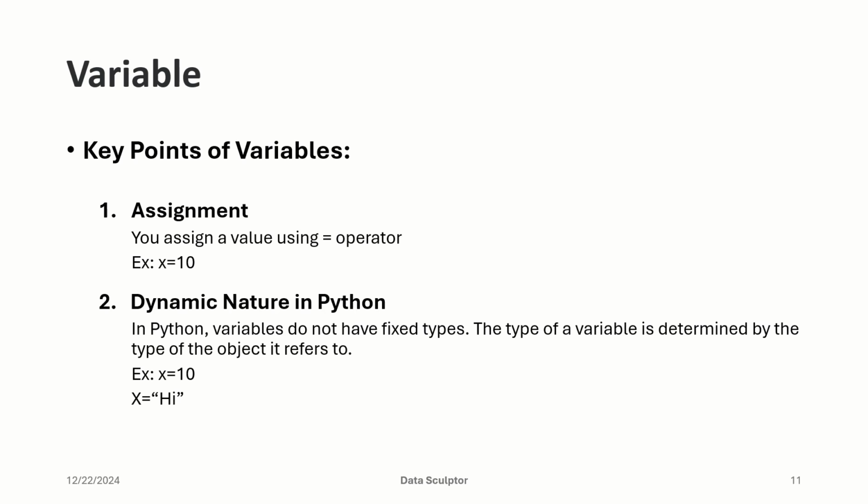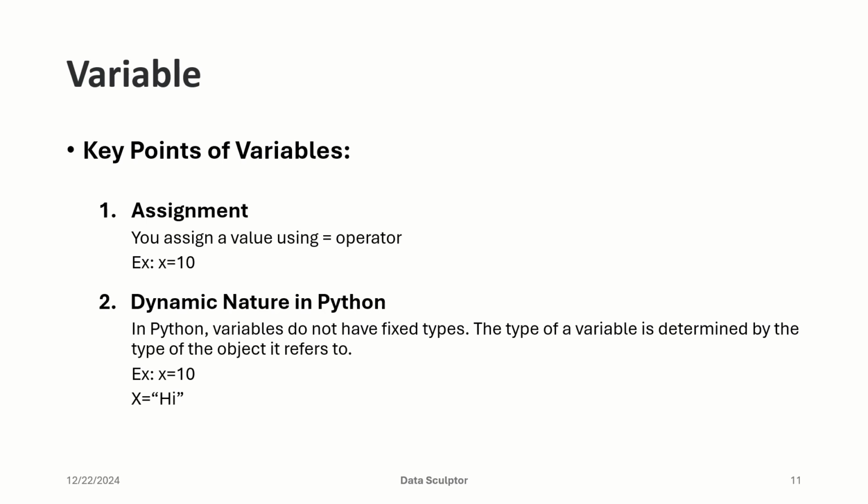The second is dynamic nature in Python. Unlike C, C++ or Java, in Python variables do not have any fixed types. The type of a variable is determined by the type of the object it refers to. For example, at the start of the program you might assign the value 10, an integer, to a variable x.